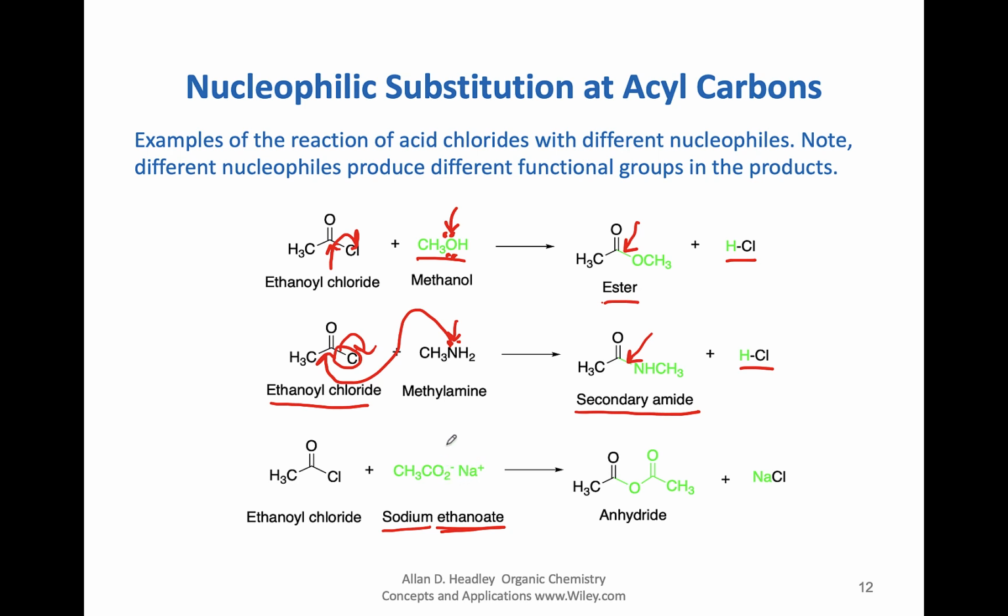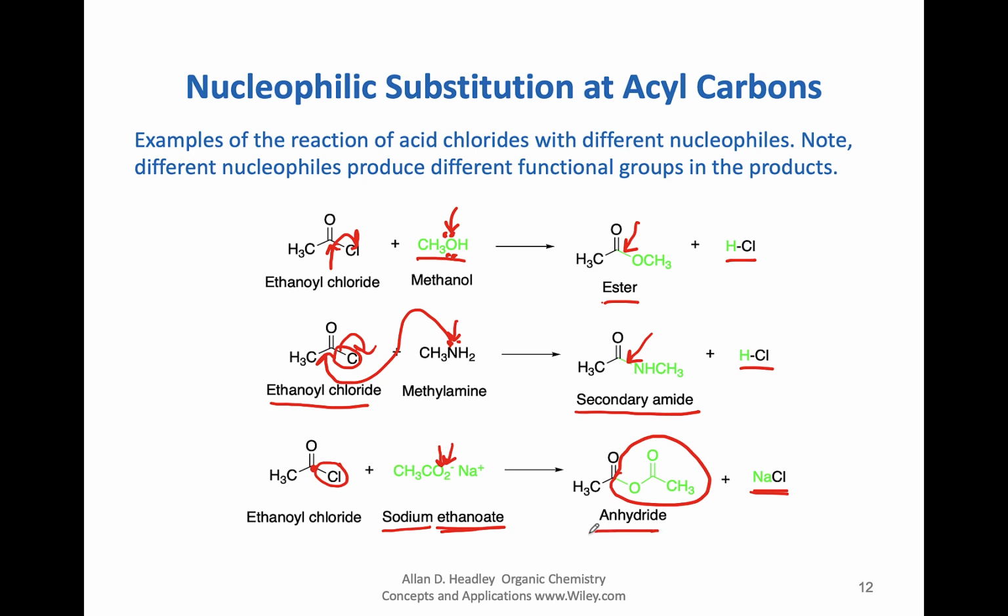So notice again that it is nucleophilic because it's a salt. And the oxygen here is the nucleophilic atom. Here's the electrophilic atom. Here's our leaving group. So here is the ethanoate portion, which was the nucleophile bonding to this carbon. And here is our inorganic product.